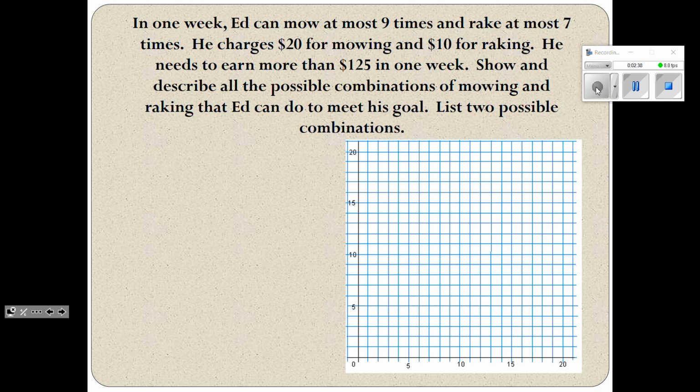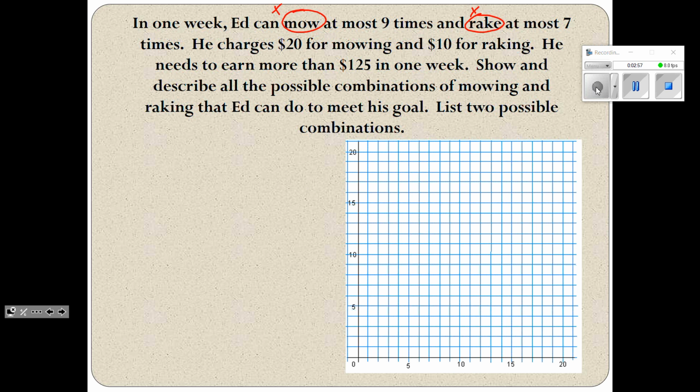List 2 possible combinations. First of all, we need to look at what variables we have. In this scenario, we have mowing and we have raking. So what if we assign x to mowing and y to raking? One of them is not dependent on the other, so we can just write it this way.